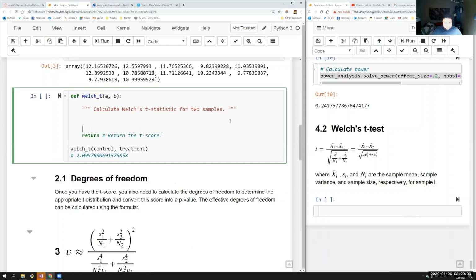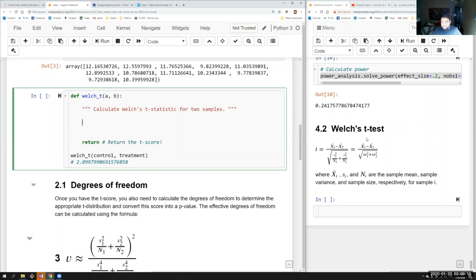Okay, so let's take a look at the Welch's t-test formula. So t is equal to x1 hat minus x2 hat. So these are the means of the two samples. So what I'm going to do is x1 hat is equal to, if it's an array, I can just do a dot mean, right?